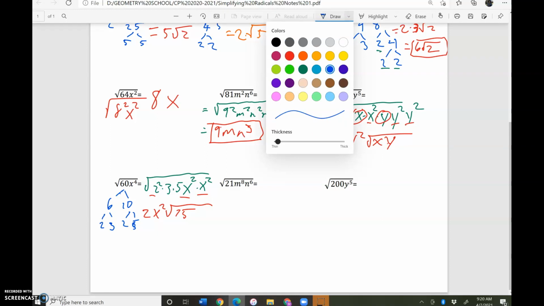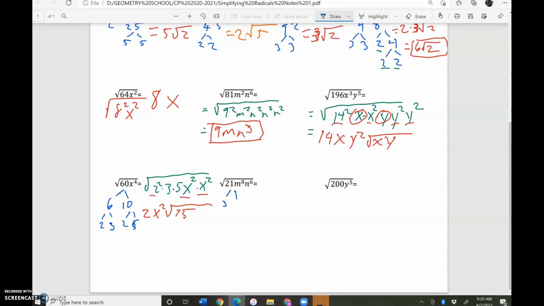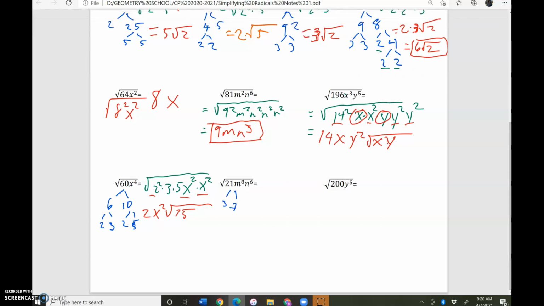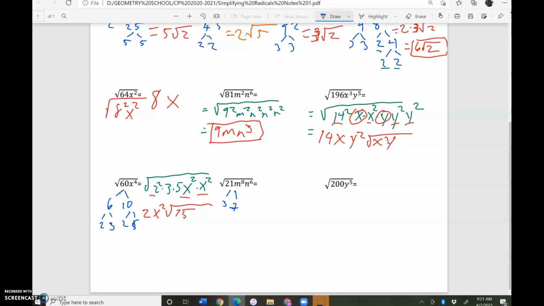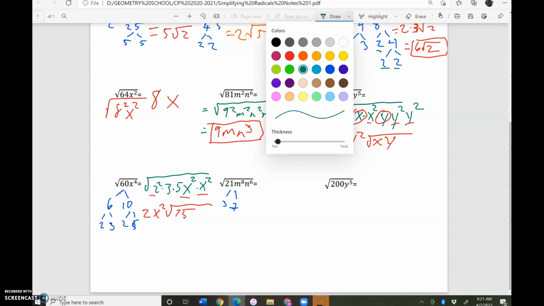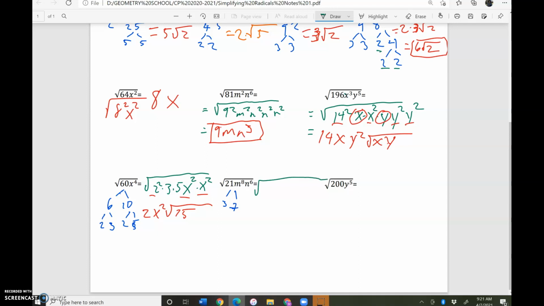The next one. Again, 21 is not a perfect square. So I'm going to tree. So that's 3 times 7. 3 times 7. Well, there are no perfect squares there. So it looks like it's going to stay in. So I can still rewrite this radical. So 3 and 7, and there are no perfect squares, so I'm going to leave it as a 21.